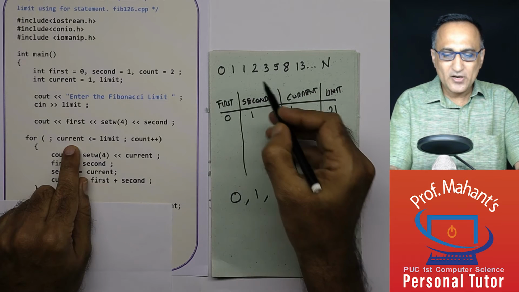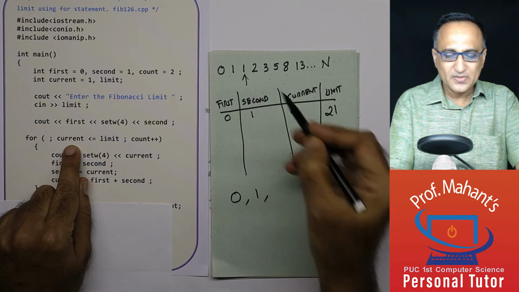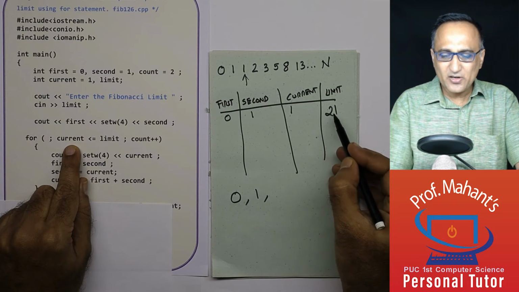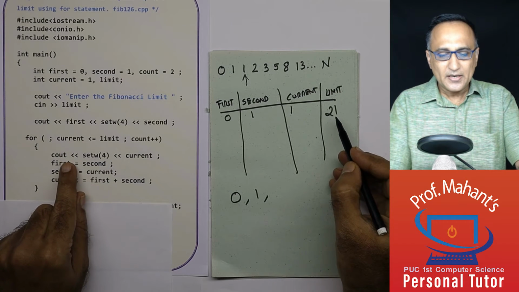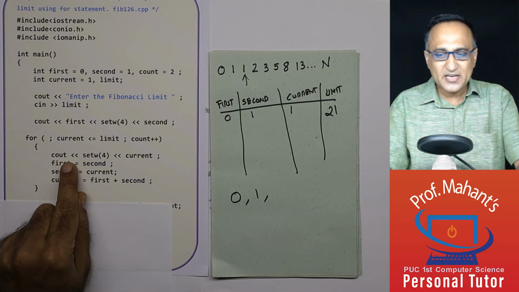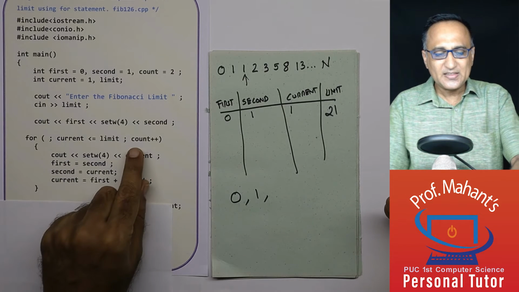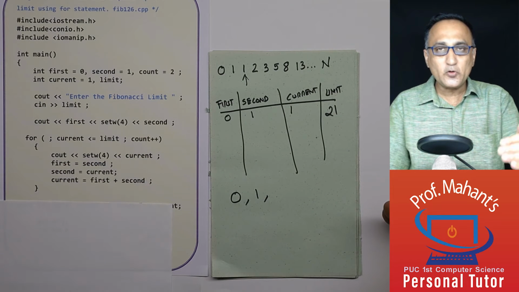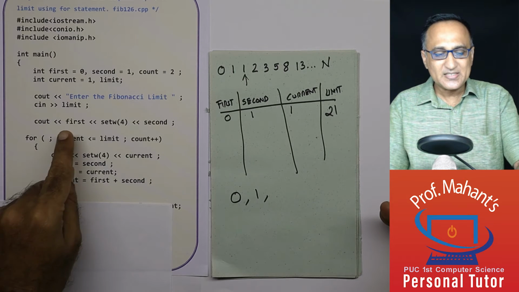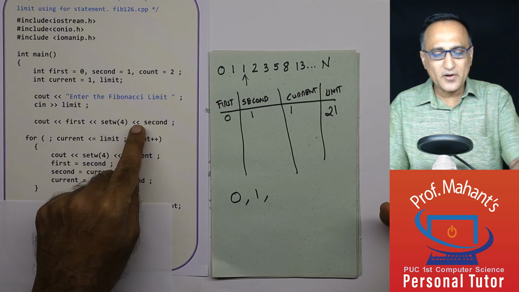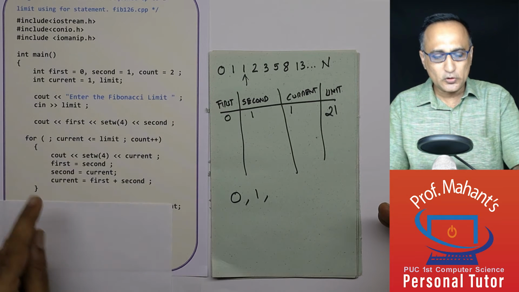As long as current is less than or equal to 21, I am going to keep generating and printing the sequence. The variable count is going to keep track of how many Fibonacci numbers I have printed. Since I have already printed 0 and 1, I have made count equal to 2.